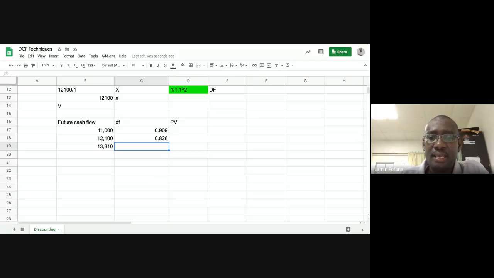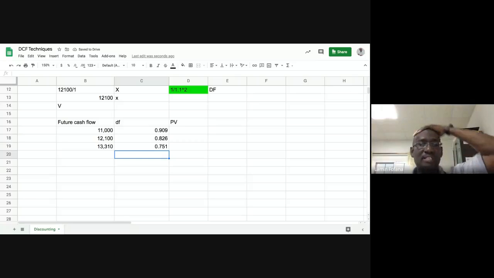Then again, 1 divided by, bracket opens, 1.1, bracket closes, raised to power 3, you enter. This is the way you calculate your discount factor, but I'll show you a shortcut.